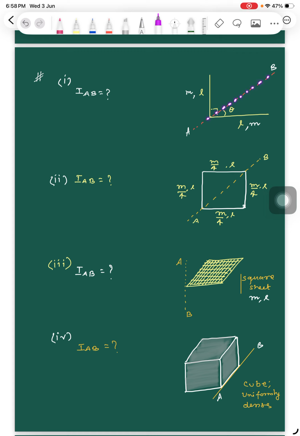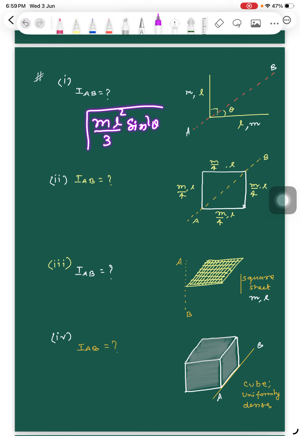This type of question was asked in JEE Mains by NTA this year. So here we should remember that if we have a rod and it is making angle theta with a certain line, then about that line its moment of inertia will be ML square by 3 sine square theta.